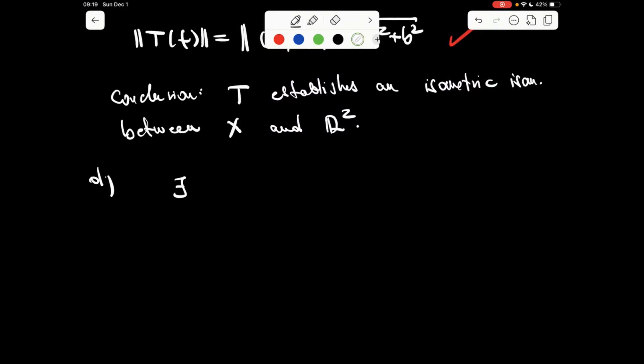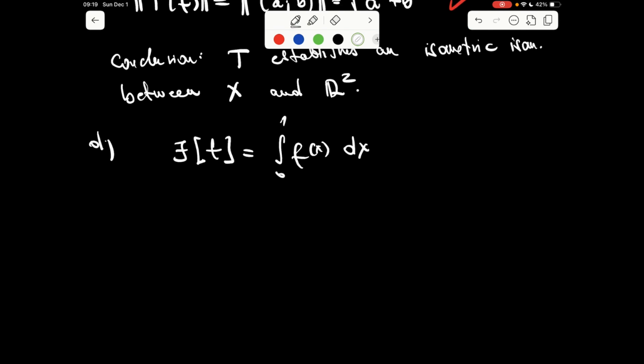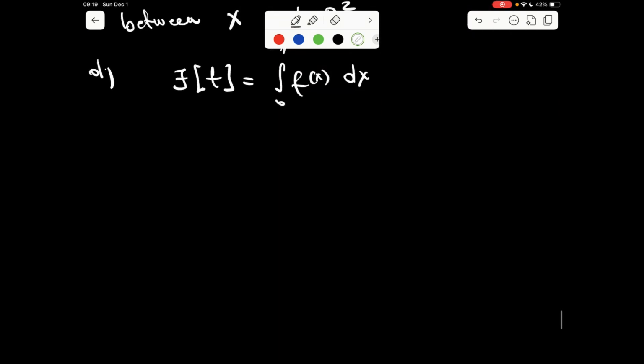We have this functional over X as an integral of functions in X over the interval 0 and 1. Okay, let's try to characterize this functional as closely as possible. So, what does this functional mean?